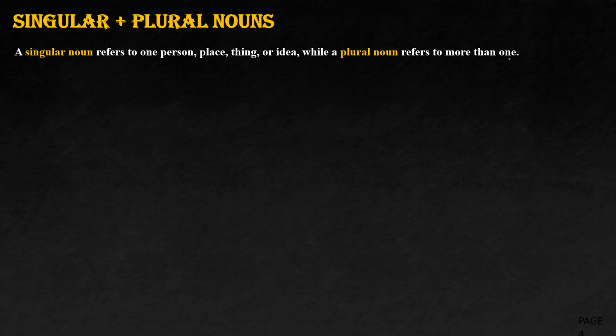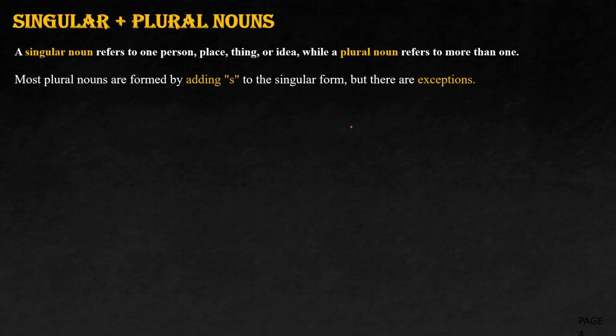It might be two, it might be crowds. When it comes to plurals, most nouns are formed by adding s to the singular form. But we have some exceptions.